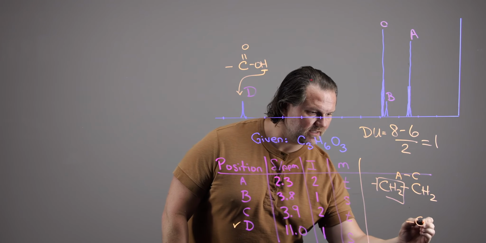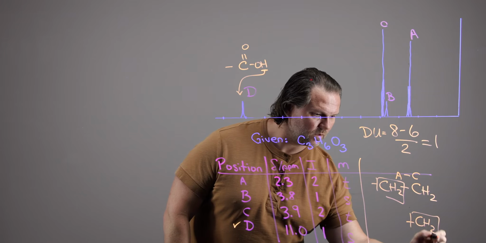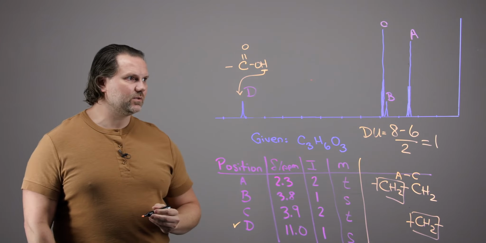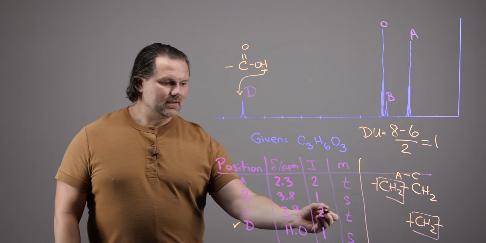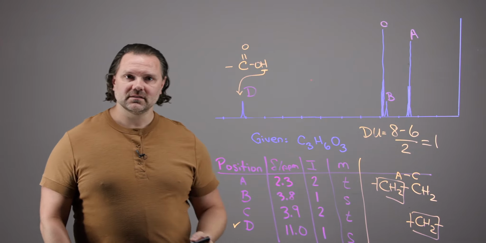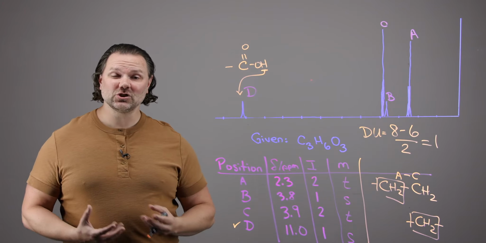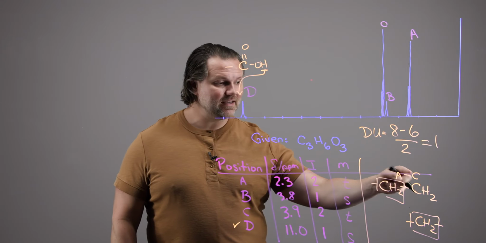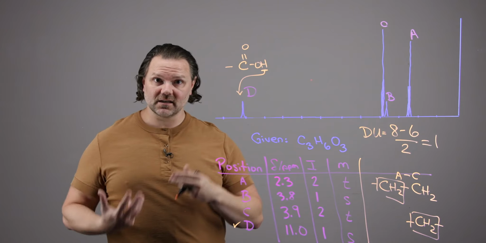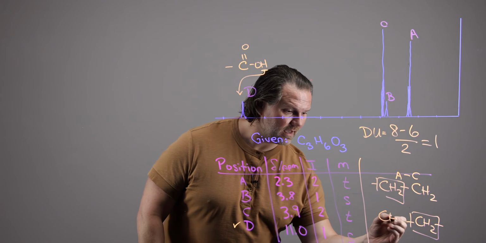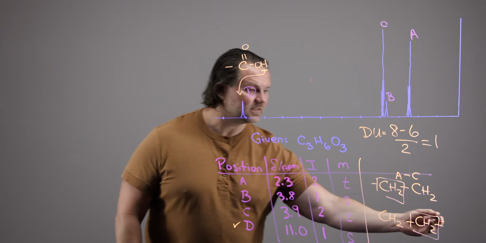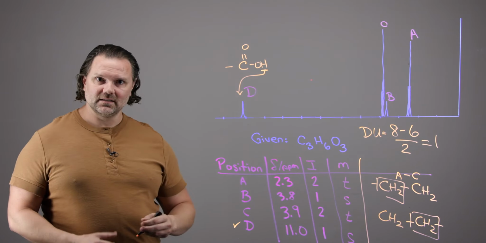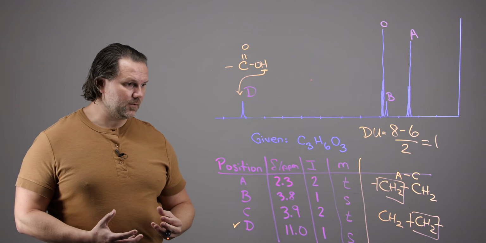Signal C here will also have 2 bonds to it. It is a triplet, so it's having 2 neighboring protons. And since we know that A is next to C, C is therefore next to A. There's something else attached to C that fills the octet of that carbon.